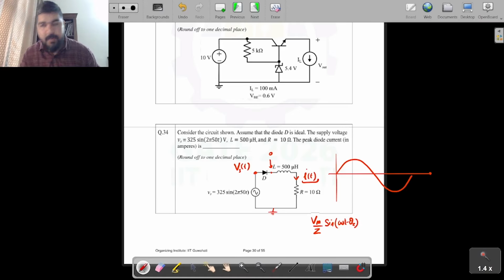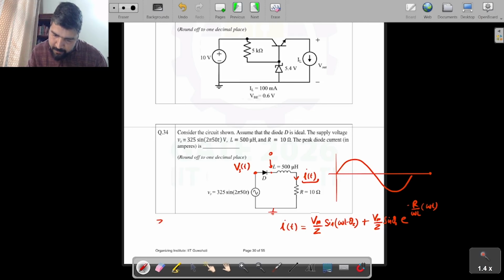This is the steady state part. What about the transient part? At t equal to 0, it will be Vm by Z sine of minus theta z. So it's negative. To make it 0, I have to add Vm by Z sine theta z e to the power minus R by omega L omega t. So this is the expression for the current IT.